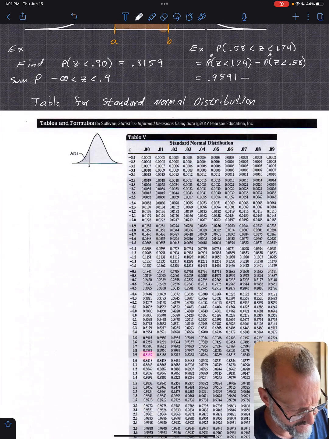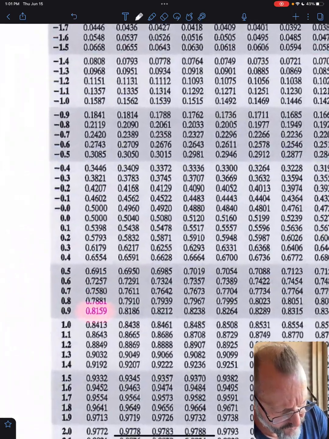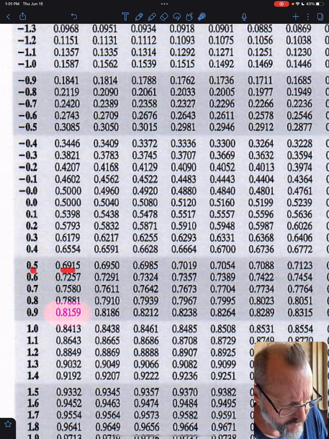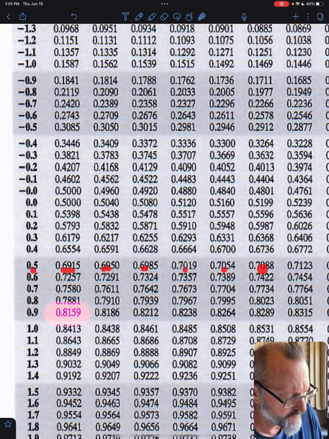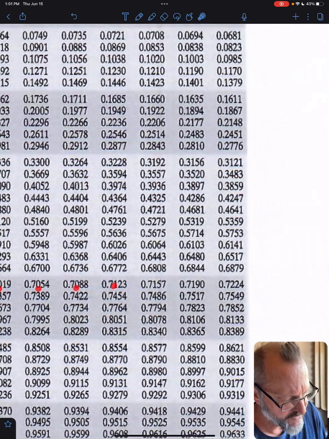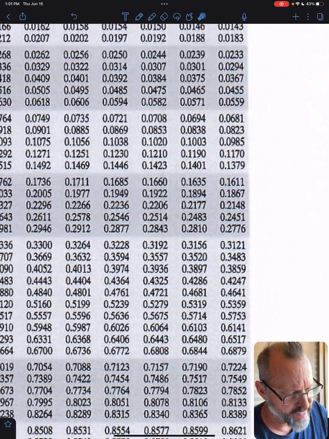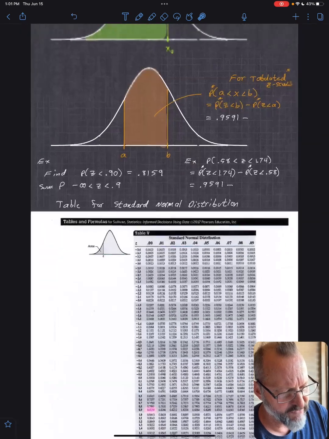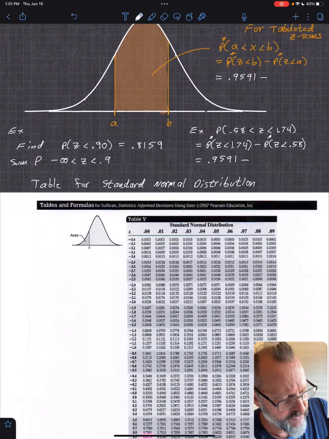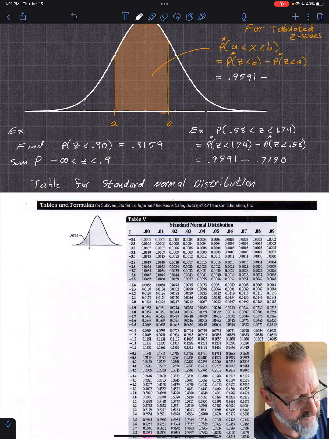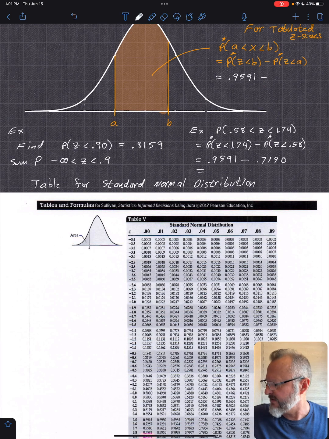So the 0.58, it's right here. So 0.5, 0, 1, 2, 3, 4, 5, 6, 7, 8. 0.7190. And then you subtract those.